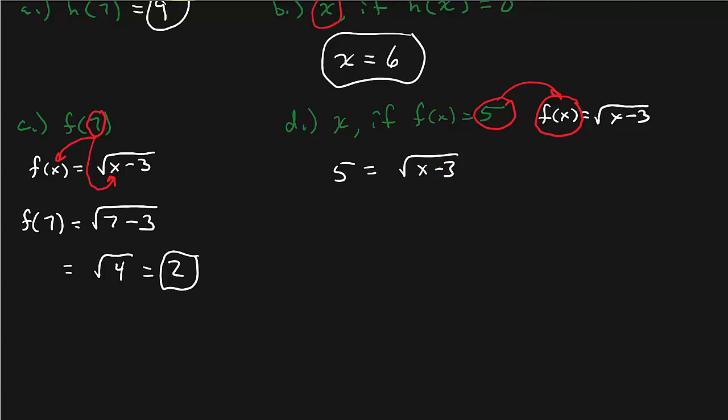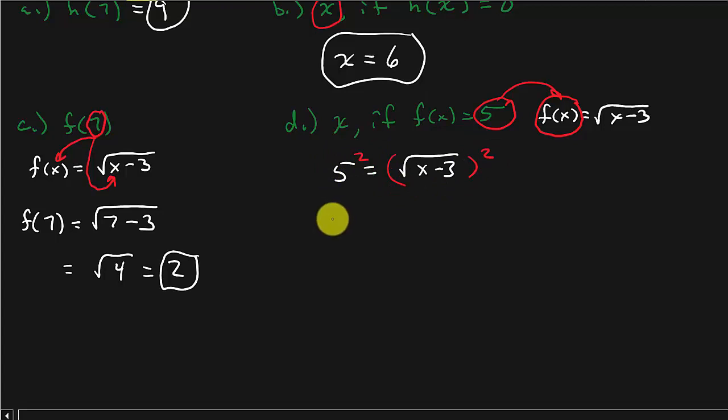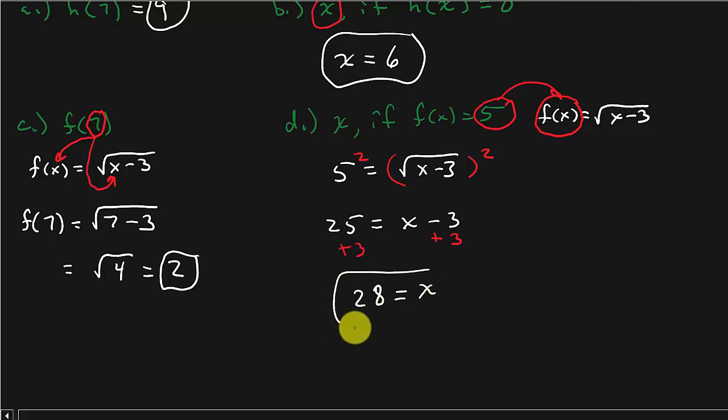So to do that, I need to what? I need to square both sides. And so that's going to give me 25 equals x minus 3. And then I will add the 3 to both sides. And so that's going to be x is equal to 28. And so that's the x value. All right.